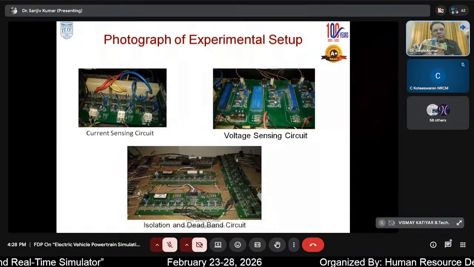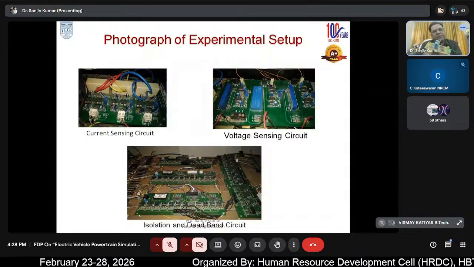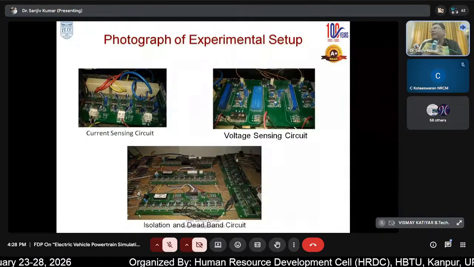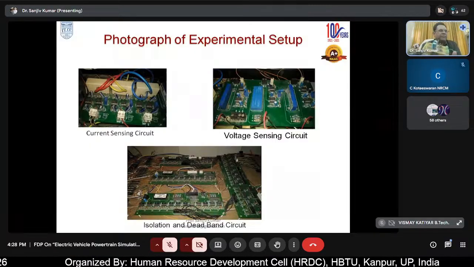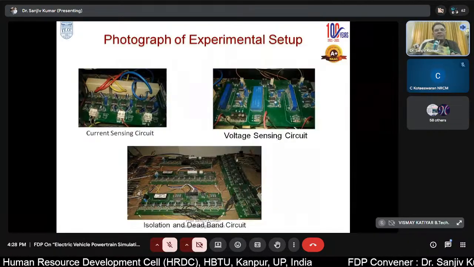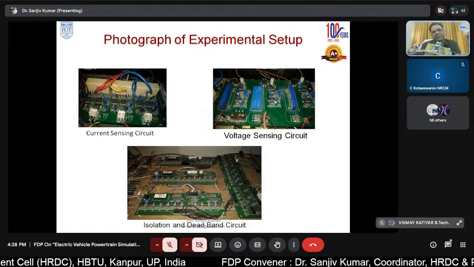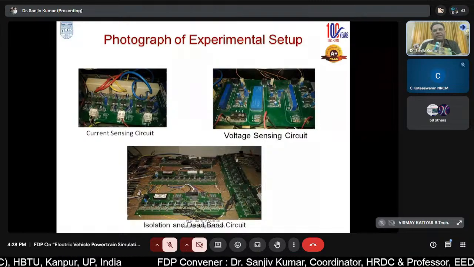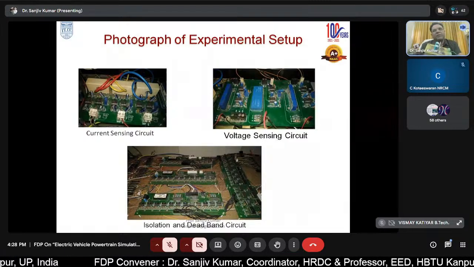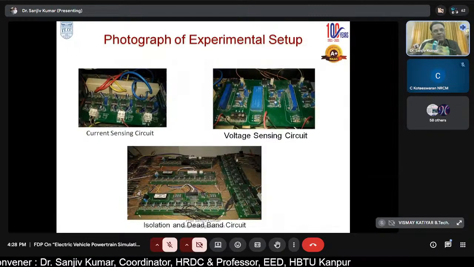I'll also show you the compact circuit of all this, which is readily available in the market. But since we are teachers and we teach UG students, PG students, and research scholars, at least one time they should make it themselves, rather than simply ordering on Amazon or some other sites and getting these components ready-made.